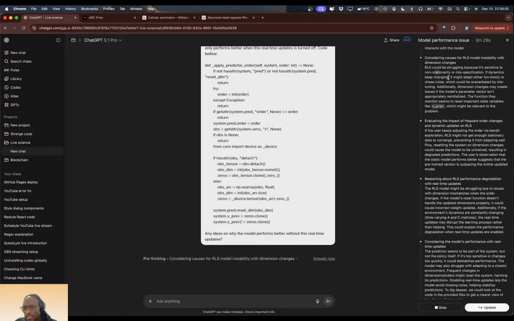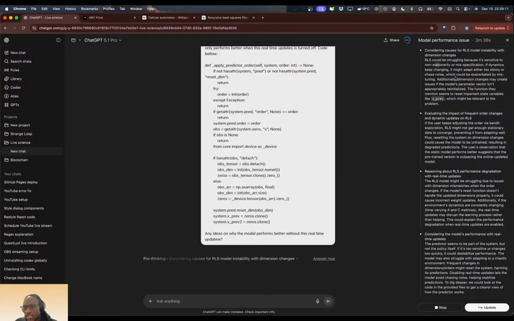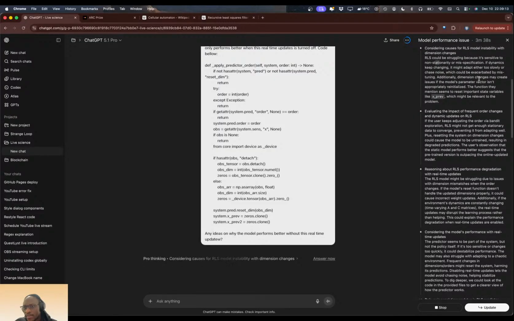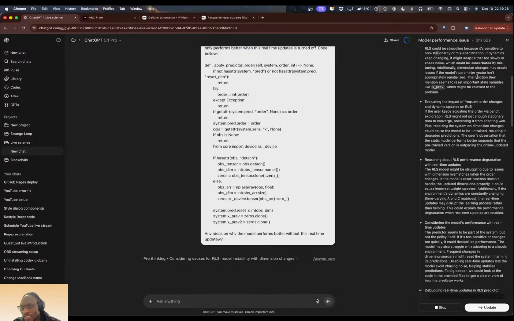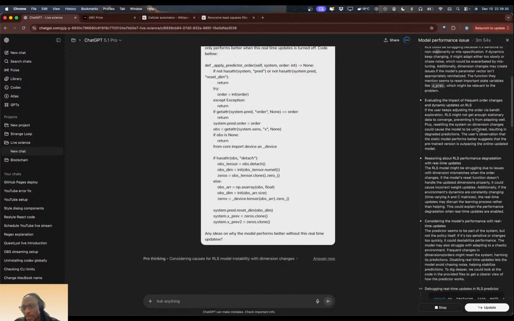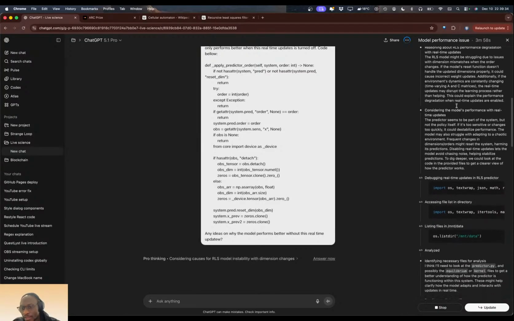If dynamics keep changing, it might adapt either too slowly or chase noise, which could be exacerbated by mistuning. Additionally, dimension change may create issues if the model's parameter vector itself isn't appropriately reinstantiated.